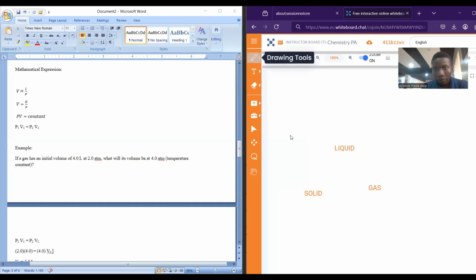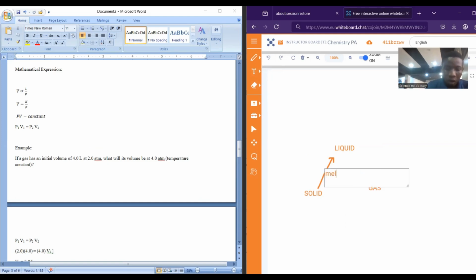So if there's a conversion from solid to liquid, it's called melting. That means if a solid is being converted to a liquid, it's called melting. So this will be my liquid. This will be my melting.